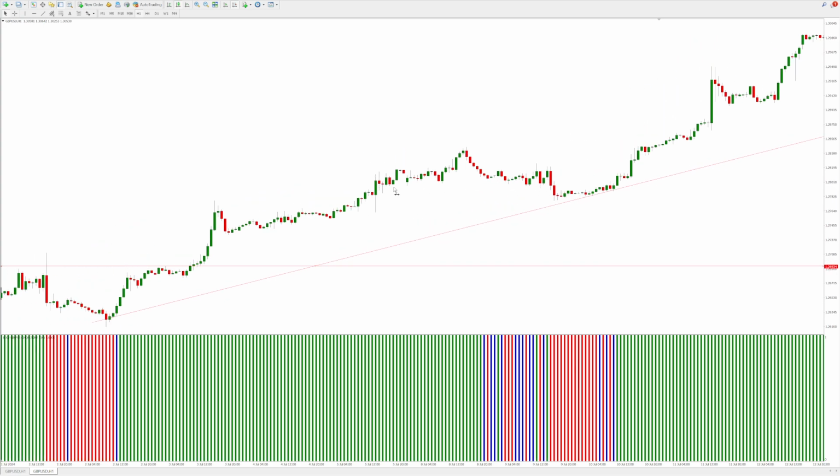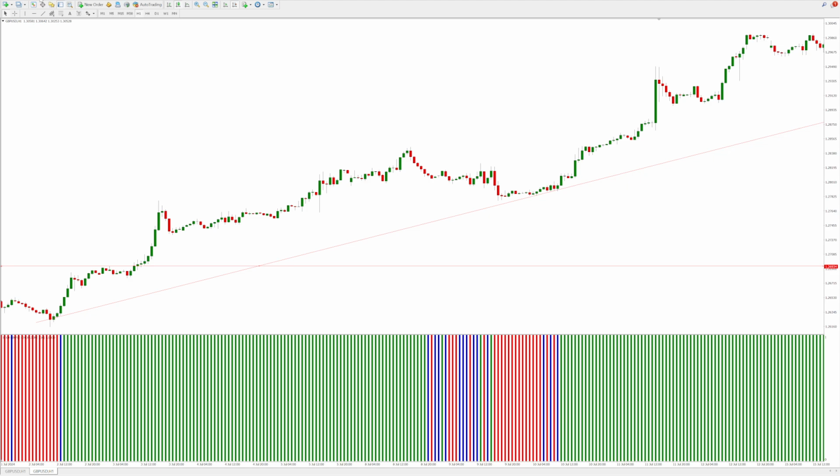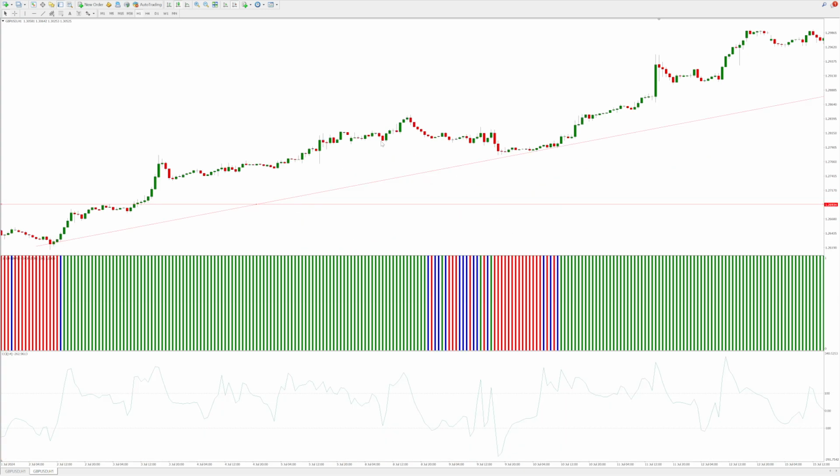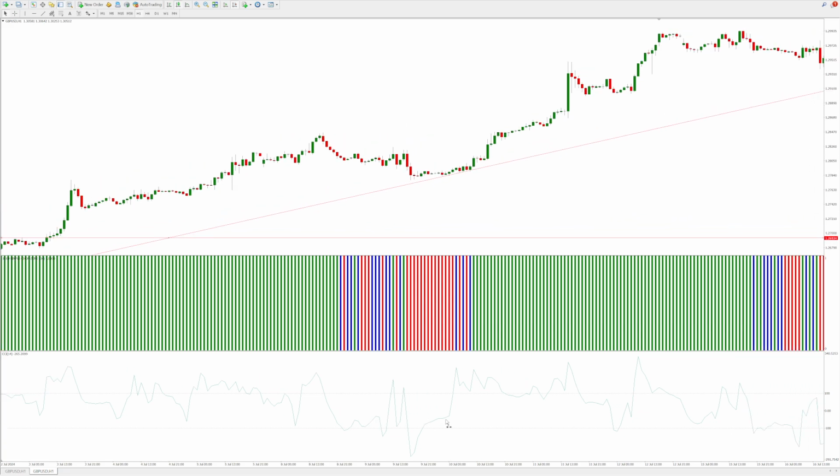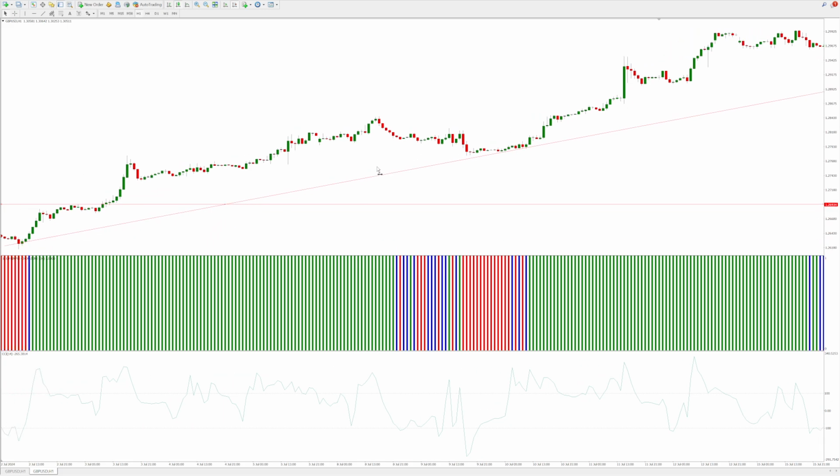this trend, is using another indicator. So shall we have a look at the CCI? So with the CCI indicator, you're going to wait for a pullback below the -100 level to enter a long trade.